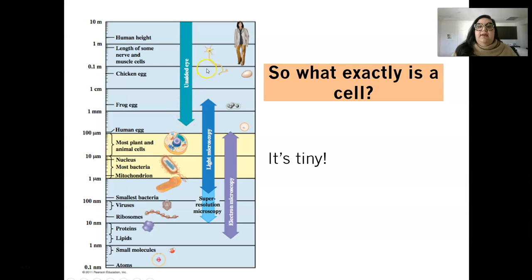So nerve cells up here can be the length of about 1 meter, like the sciatic nerve, which is a very long nerve that runs down your back and down your leg. You can have really long cells, but normally cells are quite small.